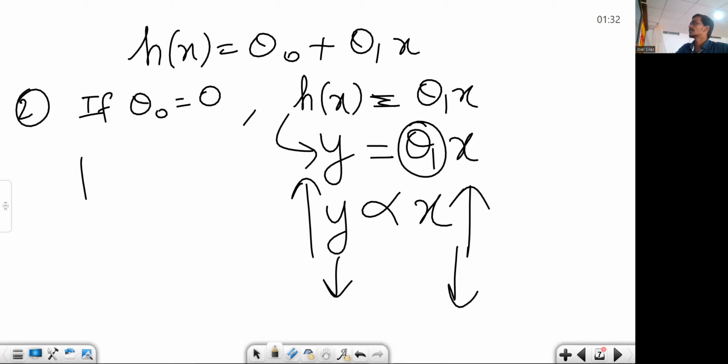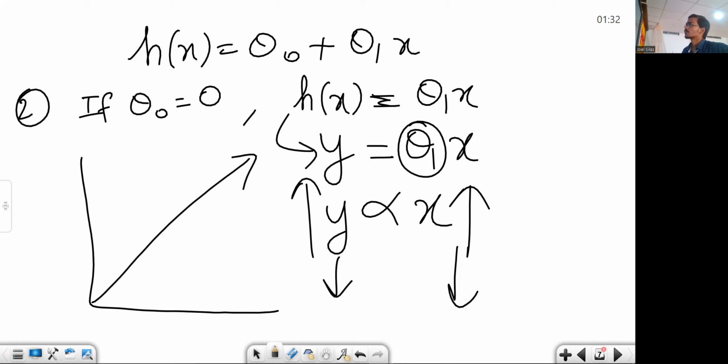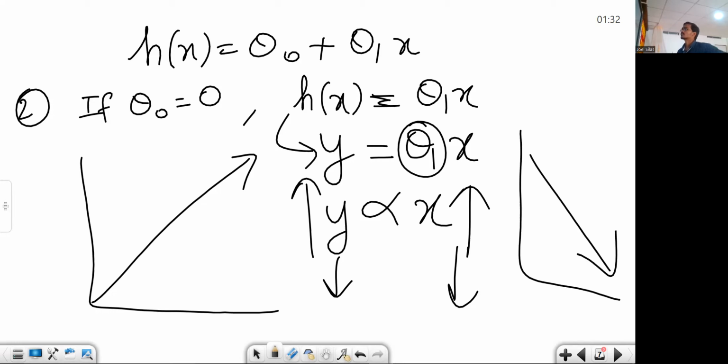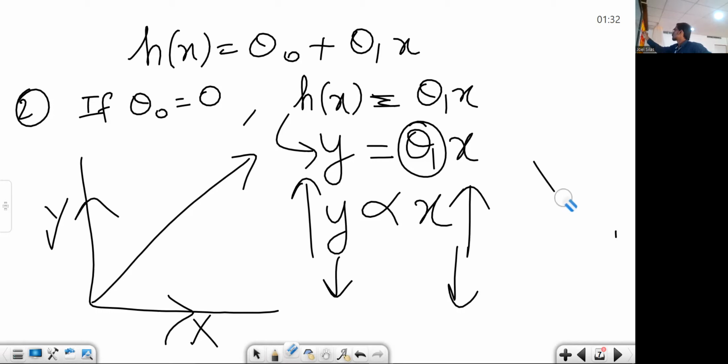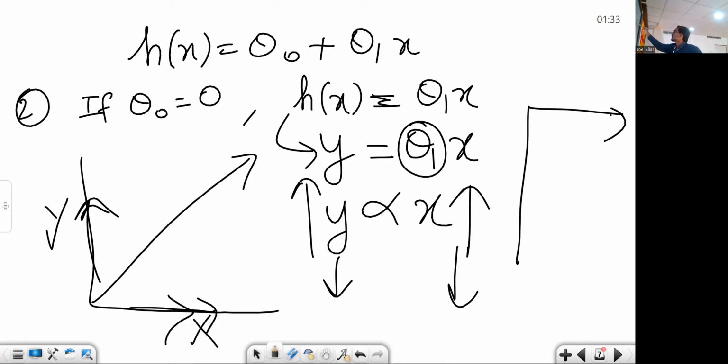In such a case, we get a graph this way, or we get a graph this way. Increase in x, increase in y, or decrease in x, decrease in y.